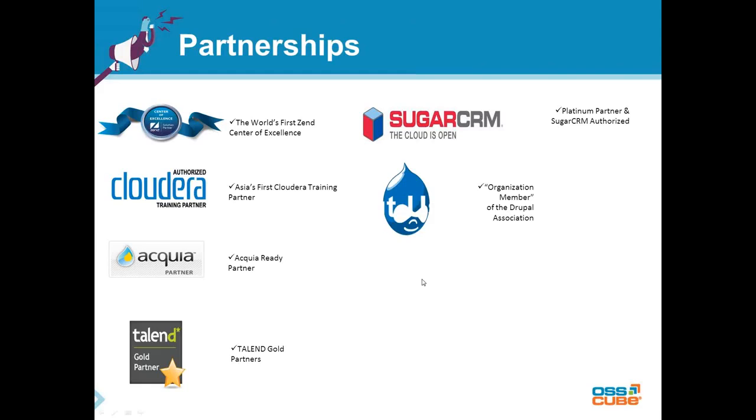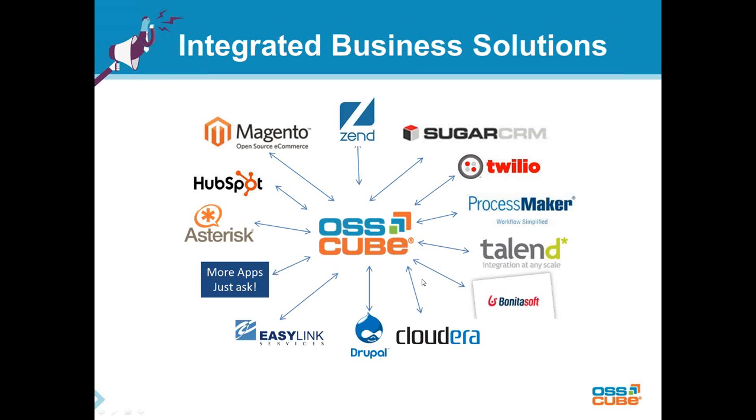OSS Cube has a broad set of competencies, but our greatest strength and what separates us from other open source solution providers is the ability to integrate many applications into a solution that can help customers meet their business objectives and differentiate from their competition. The ability to offer an integrated value chain allows us to be a partner of choice for working with enterprises on their software development requirements, project plans, and roadmap.